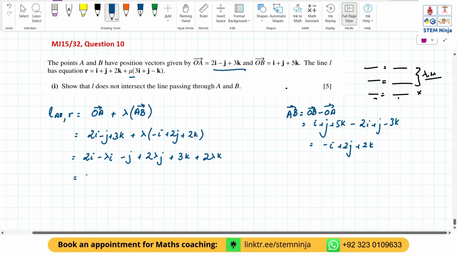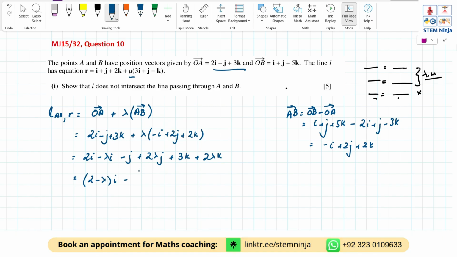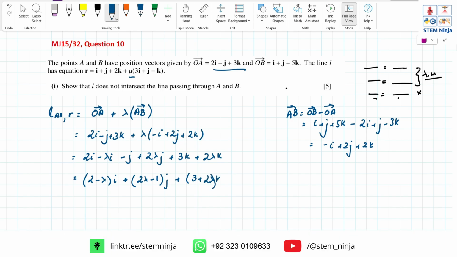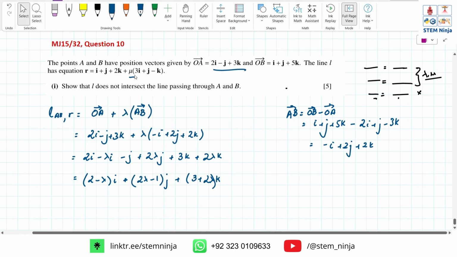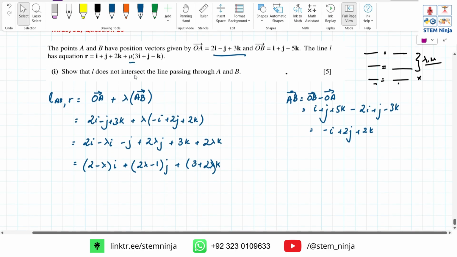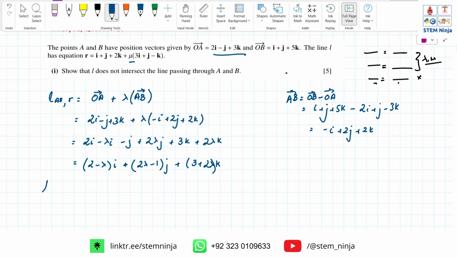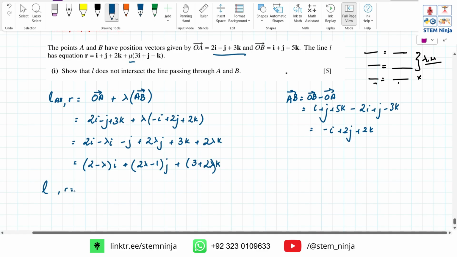Now we separate them into i, j, k components. So (2 minus lambda)i plus (2 lambda minus 1)j plus (3 plus 2 lambda)k. So this is the parametric form for this vector equation of the line. Now the other one, line L, we are going to repeat the same thing.